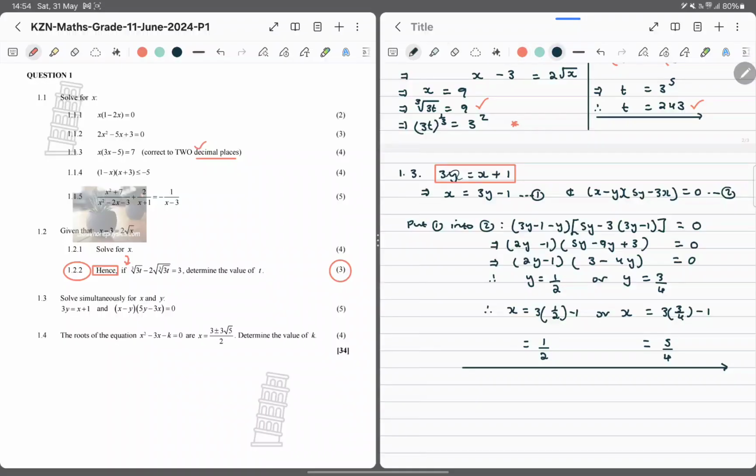So this is 3 halves. This one is going to be a half plus 1. So this is 2 plus 1, that's 3 over 2. So again, we're going to have 3 halves, 3 halves. So the left hand side is equal to the right hand side, okay? I'm lazy to check this one, but I would assume it's good.